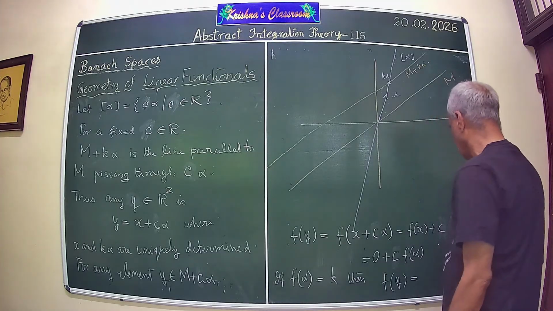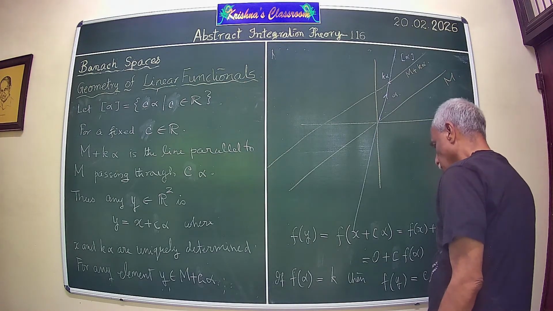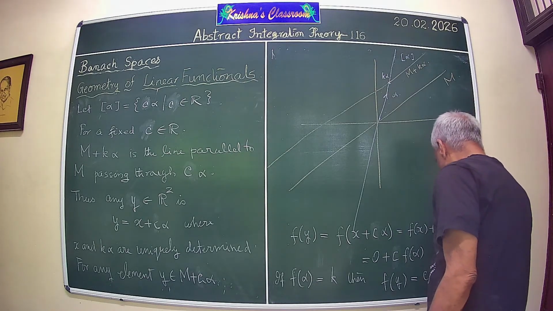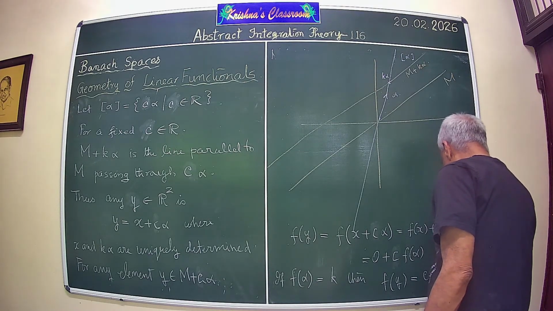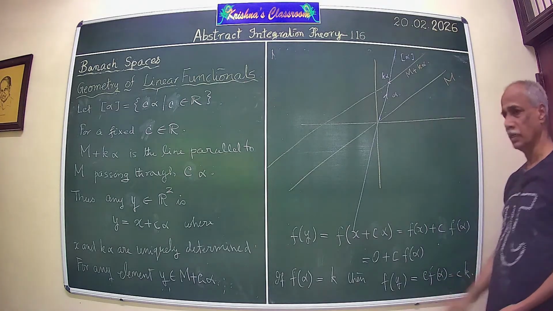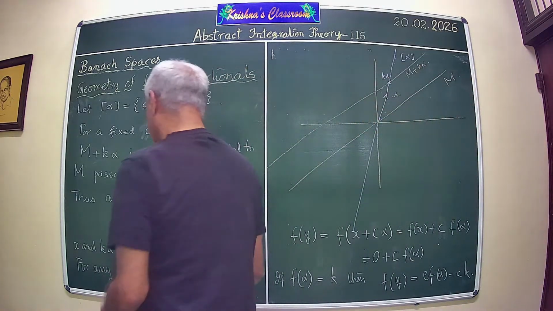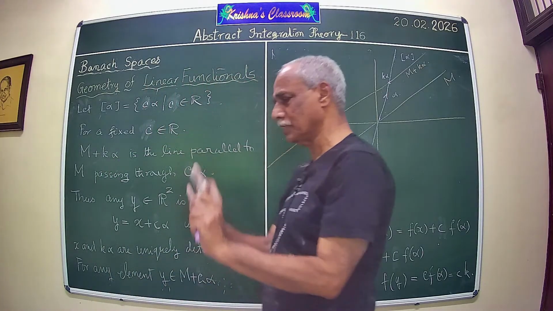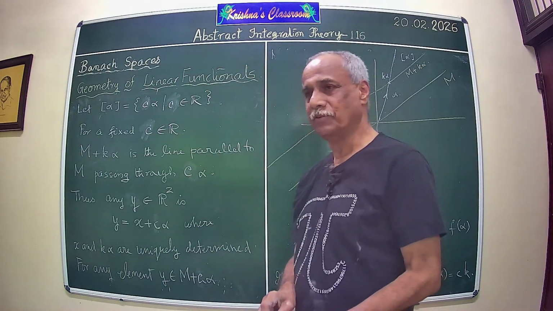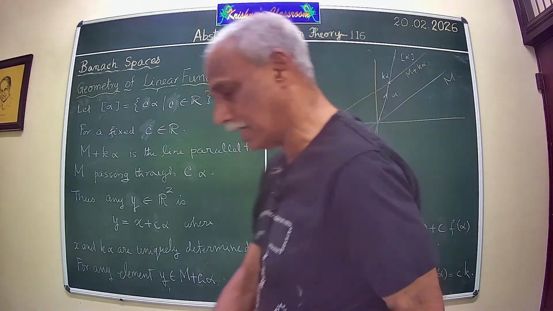So y is equal to 3 times alpha, and this means that for every point you know this.